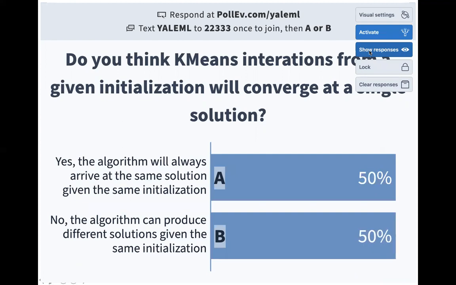Interesting. We've got about a 50-50 split. This algorithm will always arrive at the same solution, or no, it will produce different solutions given the same initialization.